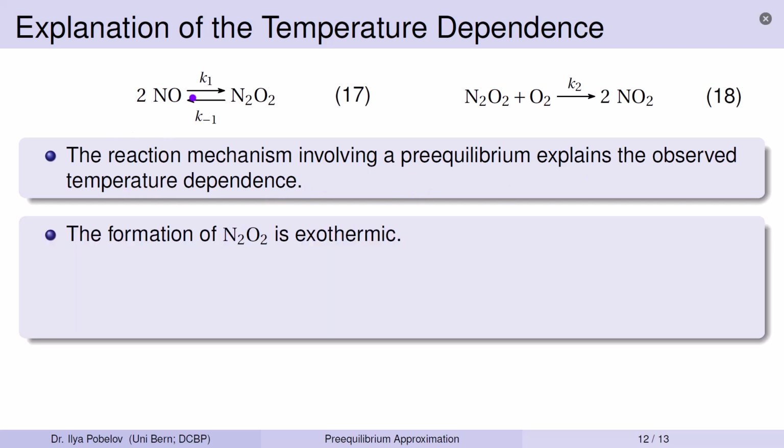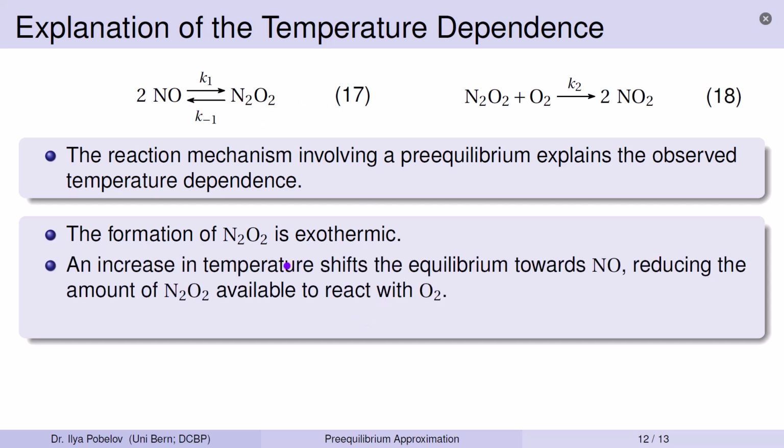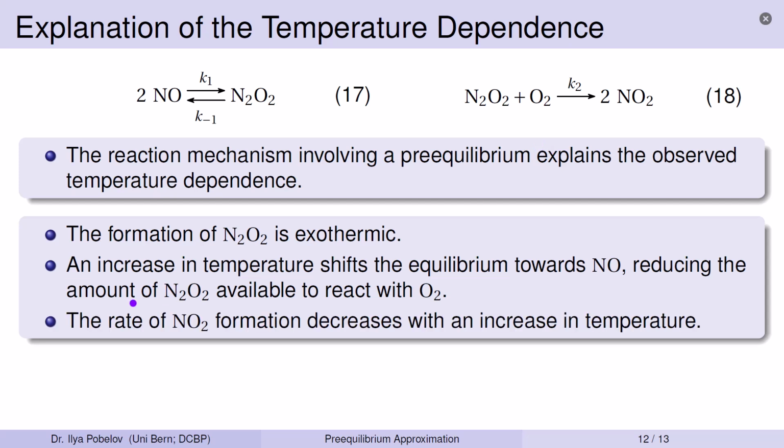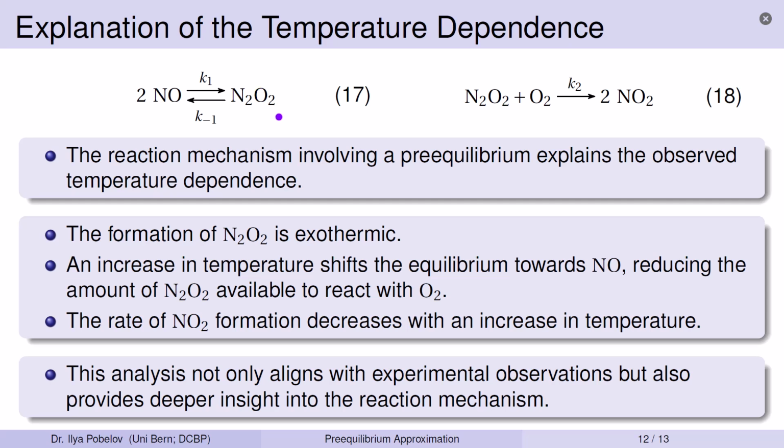The formation of N2O2 is exothermic, so an increase in temperature shifts the equilibrium towards NO, reducing the amount of N2O2 available to react with O2. Consequently, the rate of NO2 formation decreases with an increase in temperature. This analysis not only aligns with experimental observations but also provides deeper insight into the reaction mechanism.